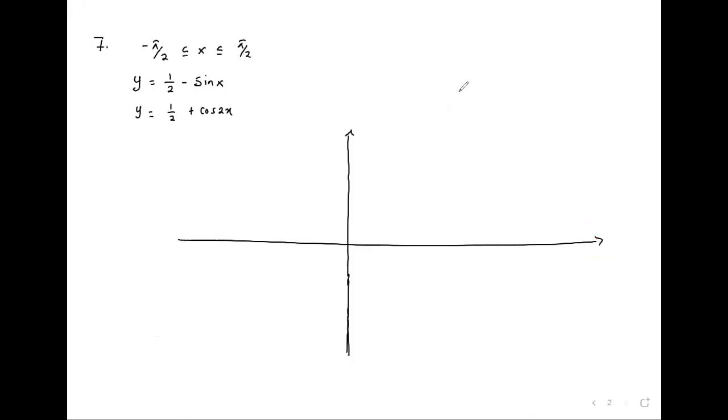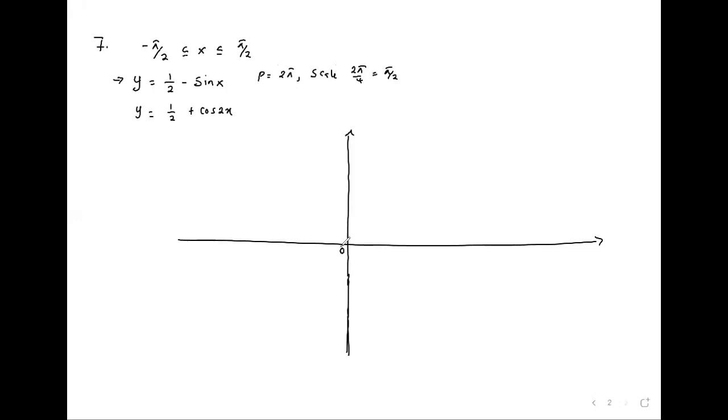Okay, so for the first y, this one here, we get a period of 2 pi. The scale is 2 pi over 4, which is pi over 2. Having the period and the scale there is enough.